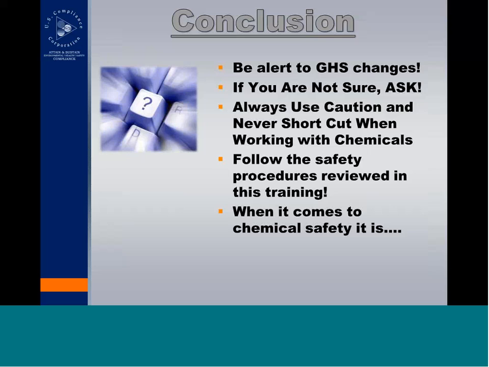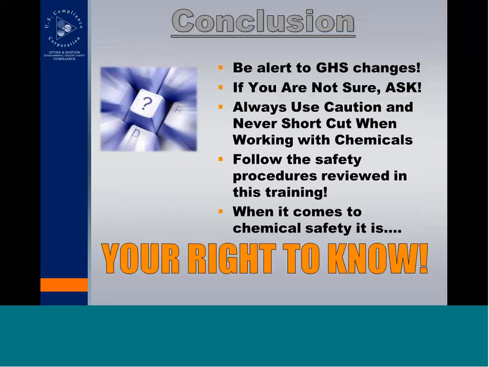Follow the basic safety procedures reviewed in this training. And when it comes to chemical safety, it is paramount that you adhere to the manufacturer's requirements. And it is your right to know, and it is also your right to understand.